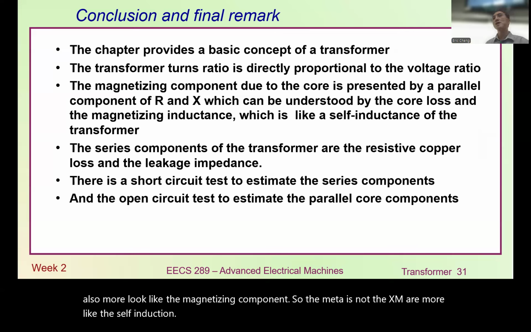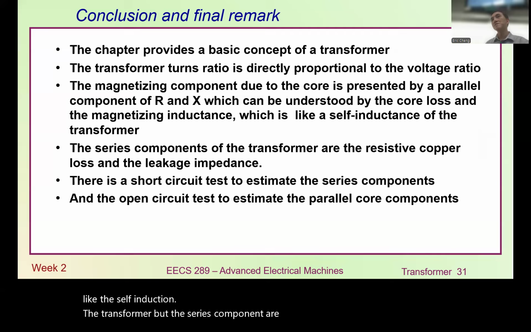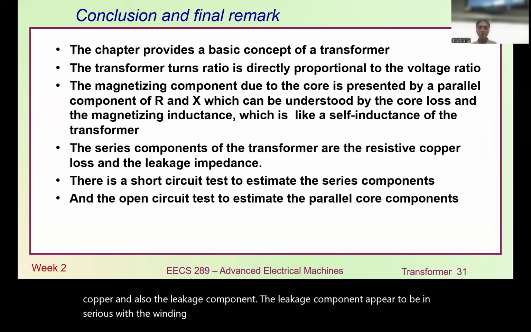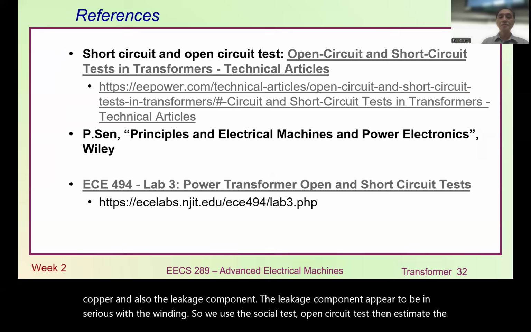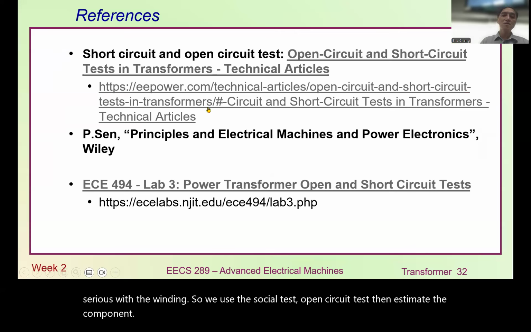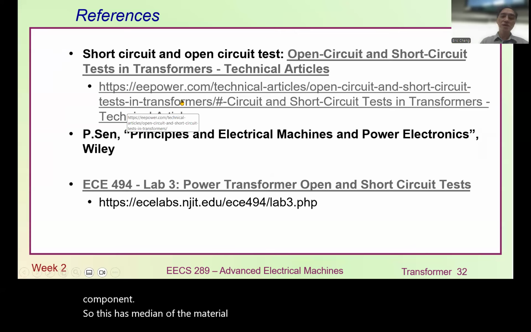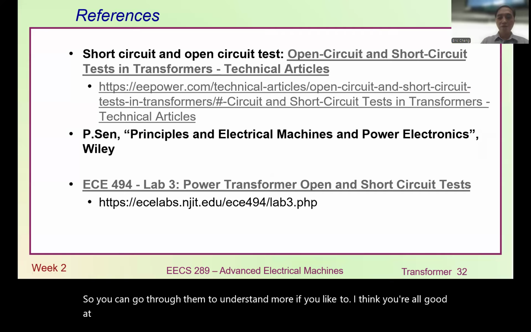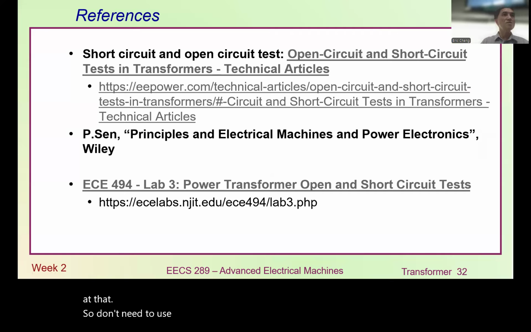But the series components are the resistive losses due to copper and also the leakage component, which appears in series with the winding. So we use the short circuit test and open circuit test to estimate the components. There is plenty of material on the short circuit test, open circuit test, and transformer, so you can go through it to understand more if you like. I think you're all good at that, so you don't need any textbook. All the textbooks are too simple and too expensive. Okay, that's it.